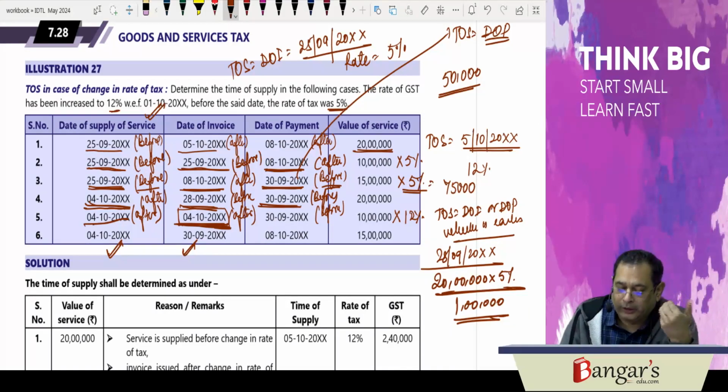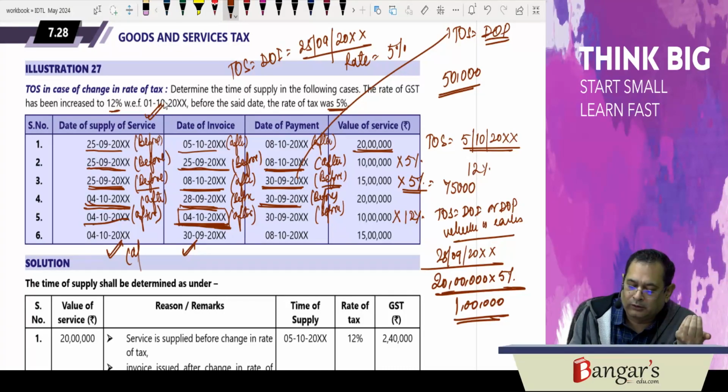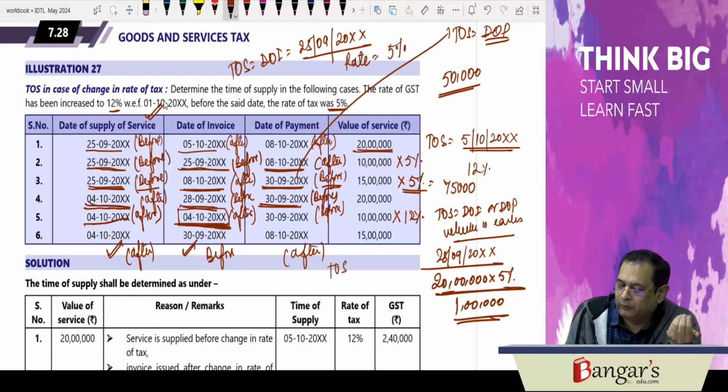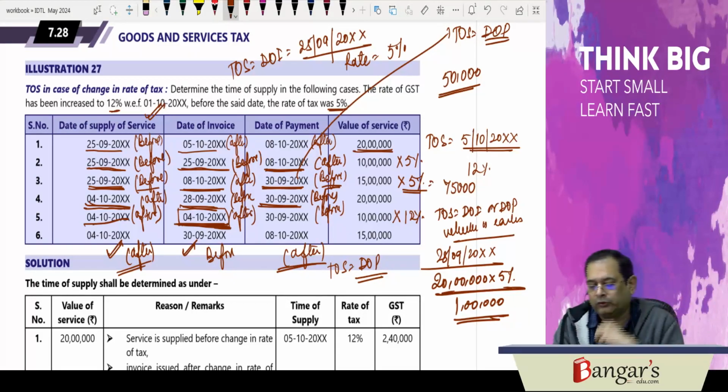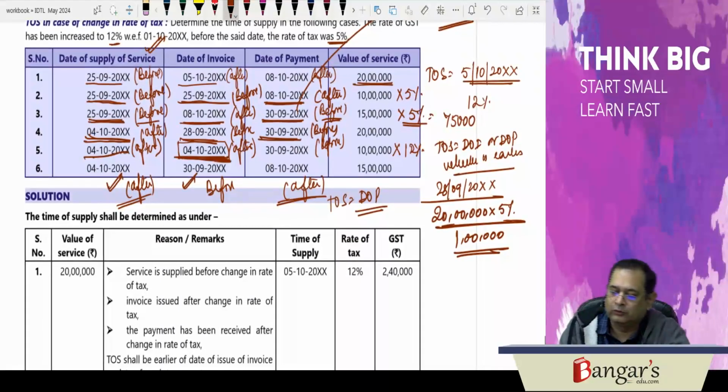Date of invoice 3/9. This is after. This is before. Date of payment is after. So TOS will be what? DOP, date of payment here, because these two events occur afterwards. So the rate of tax will be the new rate of 12%, 180.